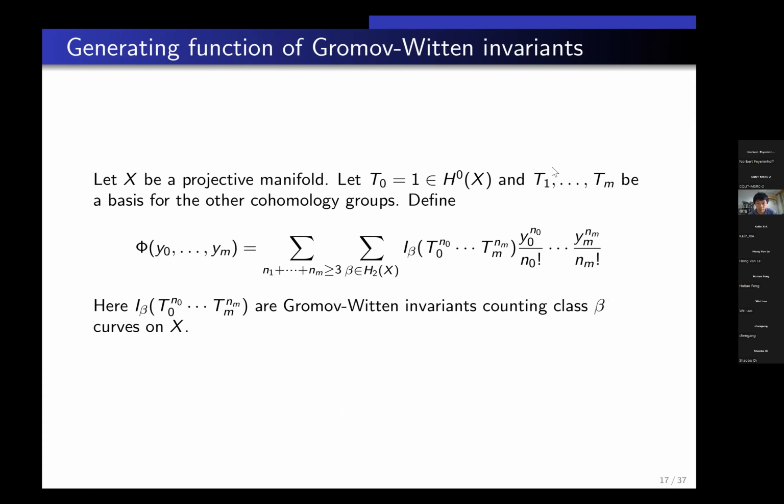It has a basis besides the unit 1, and we define a generating function, which is the usual way people in physics write important invariants. The coefficients are called Gromov-Witten invariants, and they count curves of class beta on the projective manifold, using some moduli space.